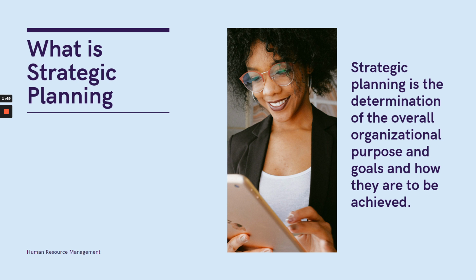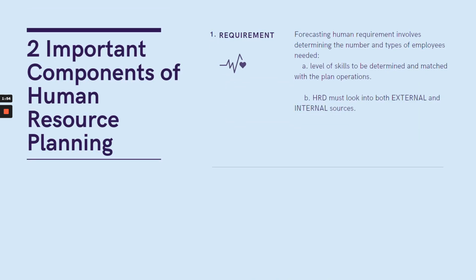And there are two important components of human resource planning. Number one is the requirement. Requirement is where you are going to forecast the human resource requirement, and it involves determining the number and types of employees that you need.